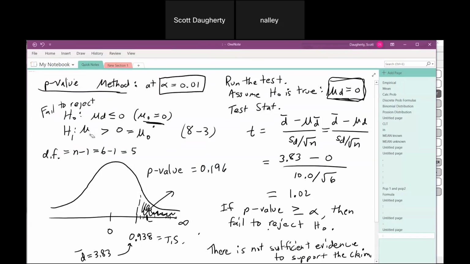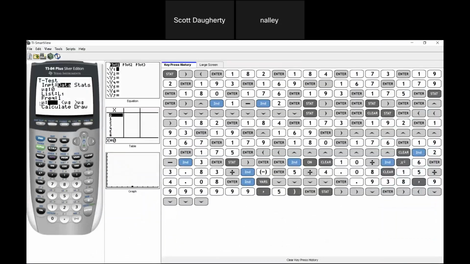Then they just call this mu. So when you look at the calculator, what's the alternative hypothesis? It's either mu is not mu sub 0, or less than mu sub 0, or greater than mu sub 0. And for us, it's greater than mu sub 0. In other words, mu is greater than 0. Mu sub 0 is 0. And you calculate that.